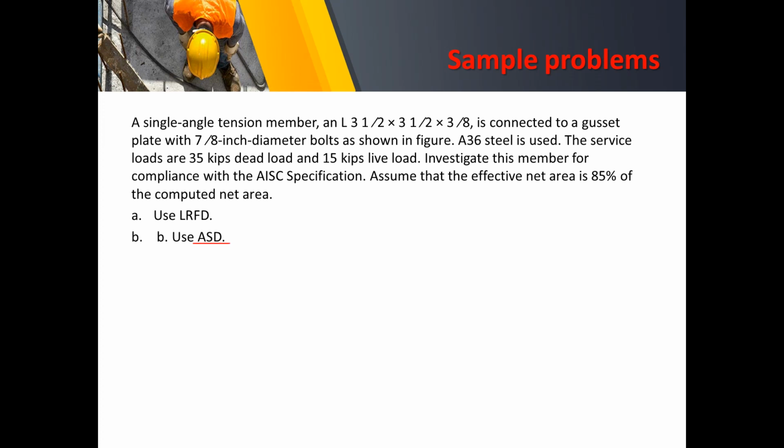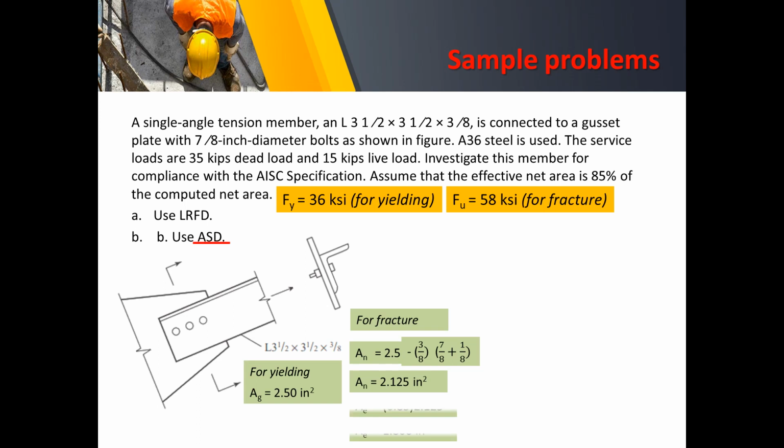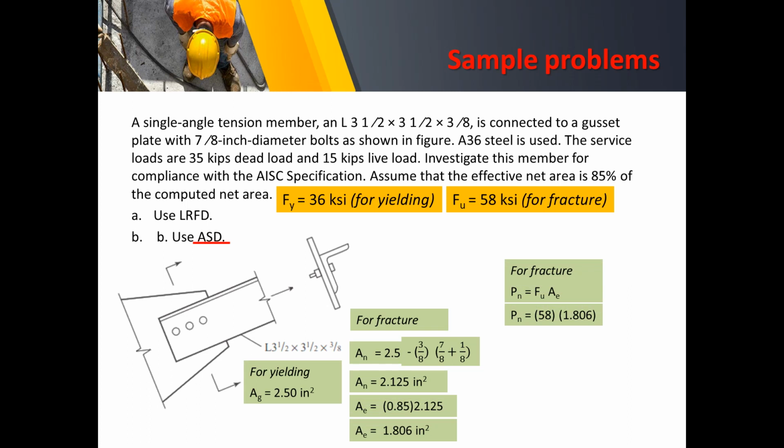So for fracture, using ASD, we have the AG and the effective area AE. So we just pair your FU to that AE, 58 times 1.806, so 104.7 kips, and then multiply that by the reciprocal of your omega, that is 0.5, for fracture.